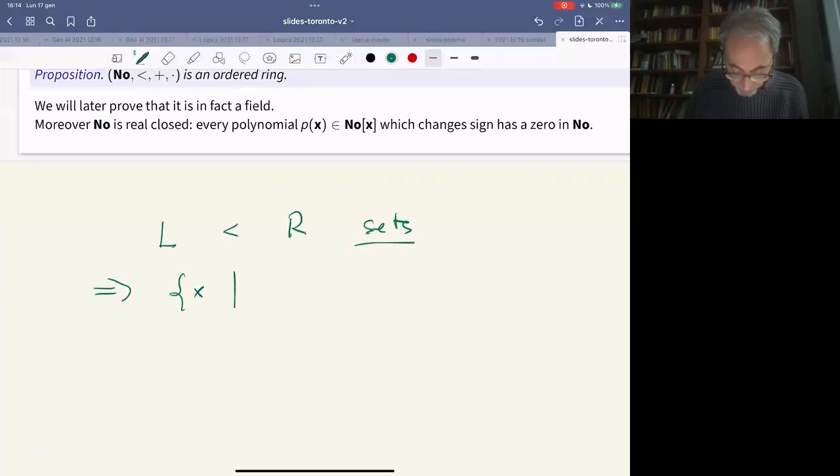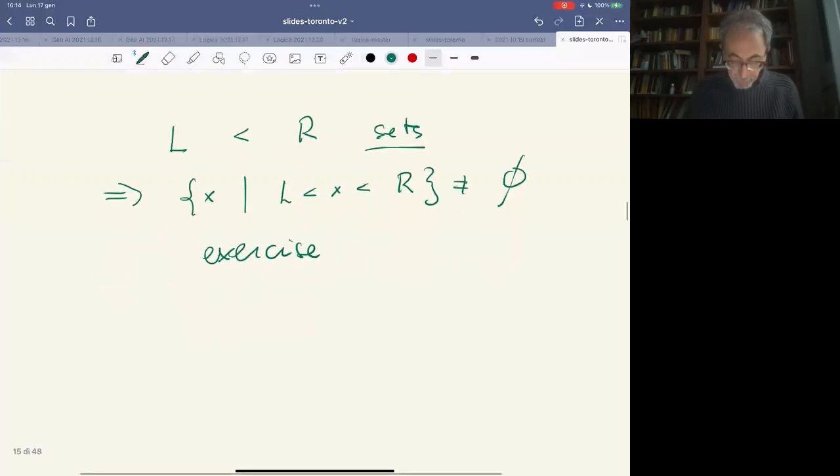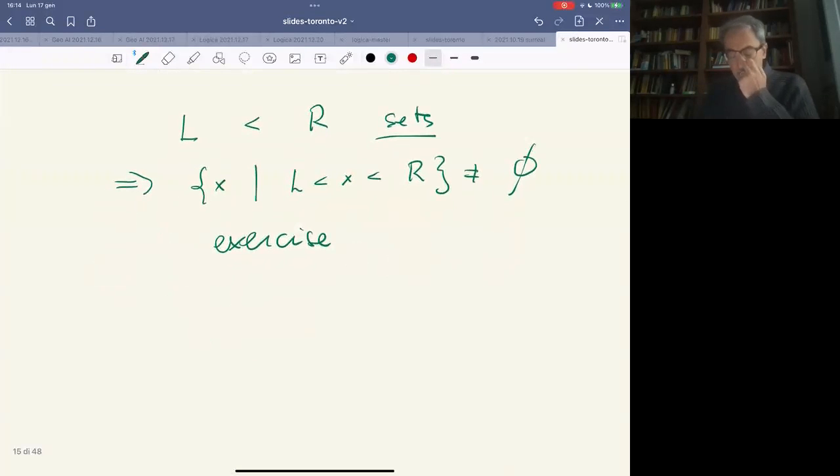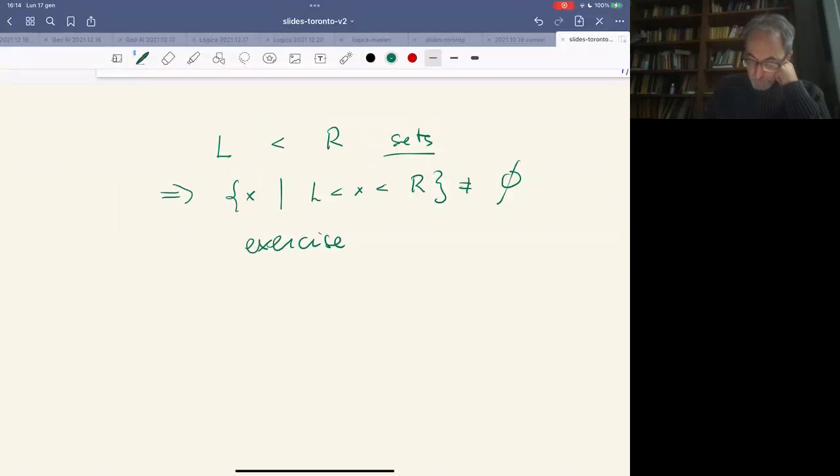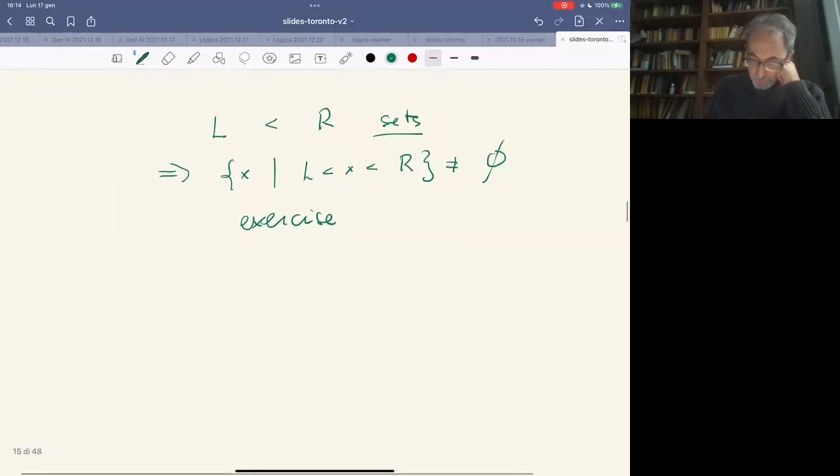This class is non-empty. This is an exercise. It's easy, but not entirely trivial.